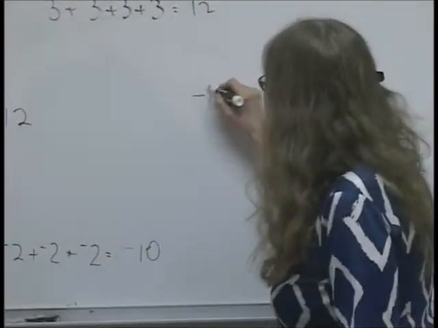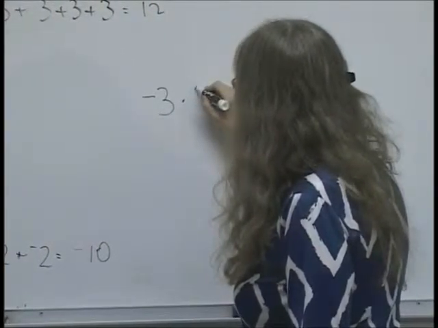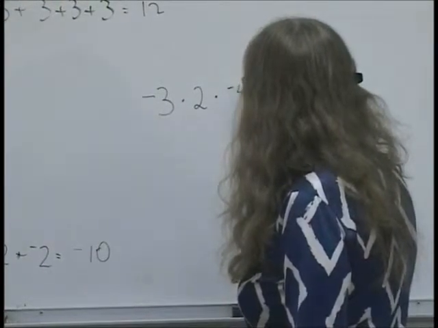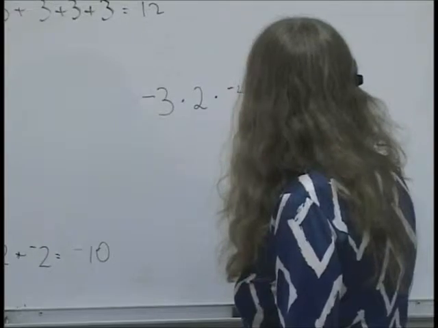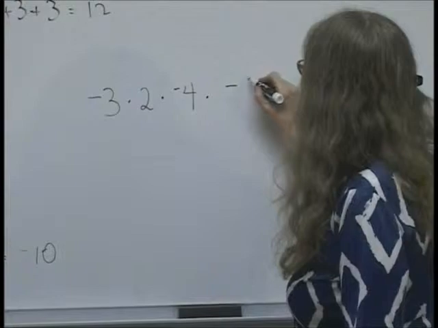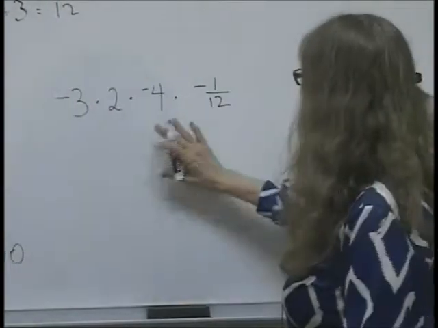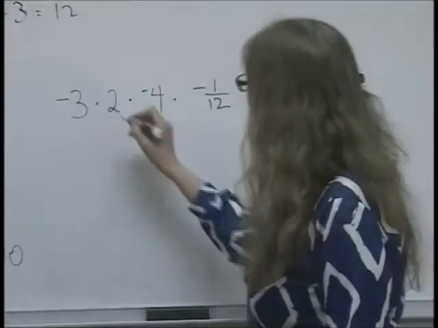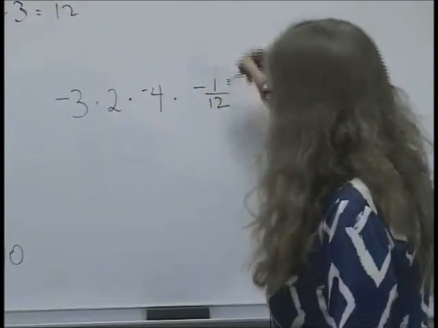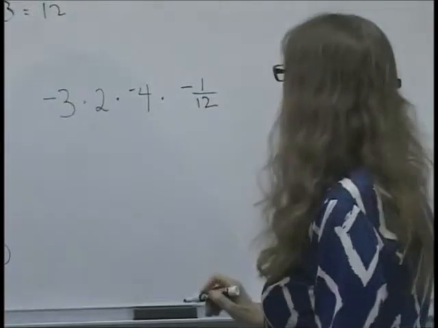Suppose we had negative 3 times 2 times negative 4 times negative 1/12. Let's see what that's equal to. Okay, these are all multiplication signs. And then this negative is a negative sign. It doesn't mean subtract. We're multiplying by negative 1/12.